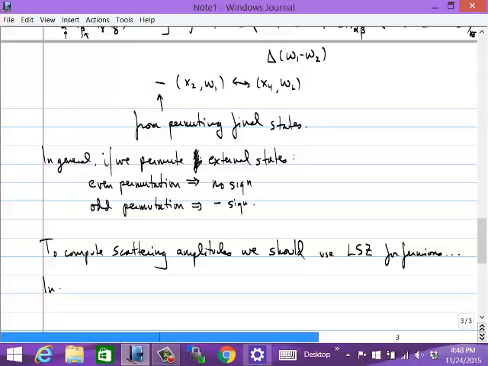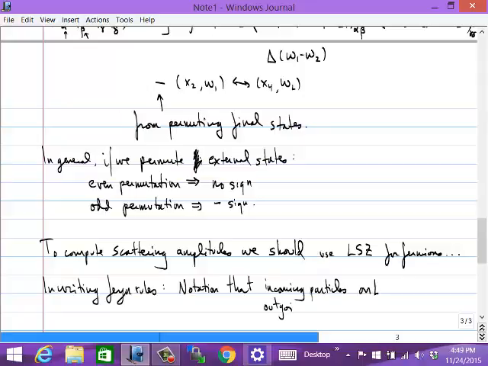So in writing the Feynman rules, I'm going to again use the notation that incoming particles will be on the left of my Feynman diagram, and that outgoing particles will be on the right of my Feynman diagram.